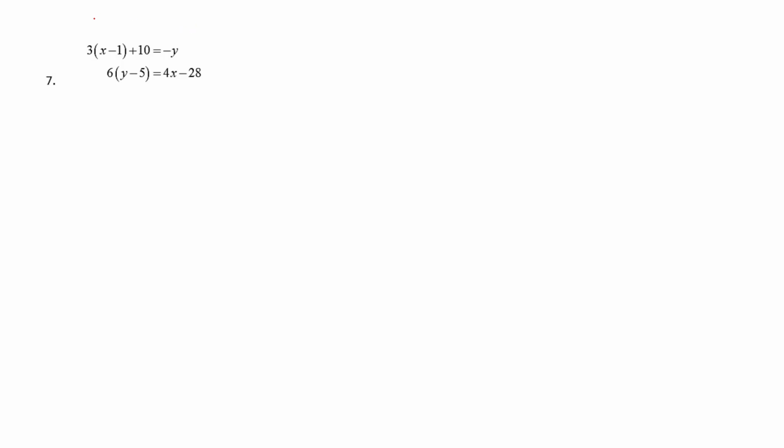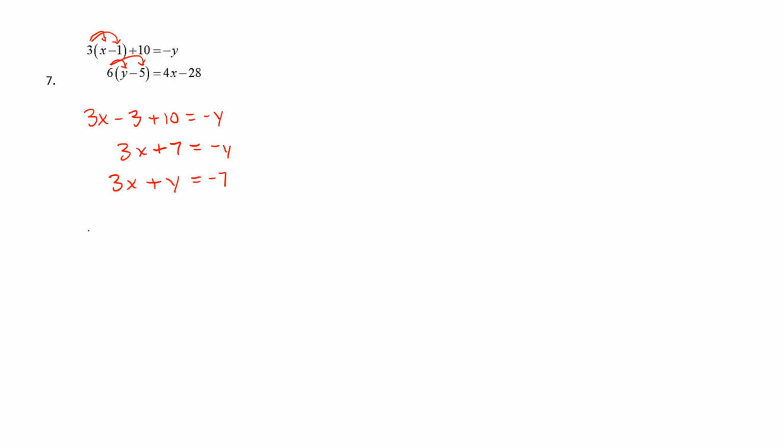We'll do that by first distributing our factors, and then we will rearrange the terms so that we're in the format ax plus by equals c. So for the first one, we'll have 3x minus 3 plus 10 equals negative y. So 3x plus 7 equals negative y. So 3x plus y will equal negative 7.